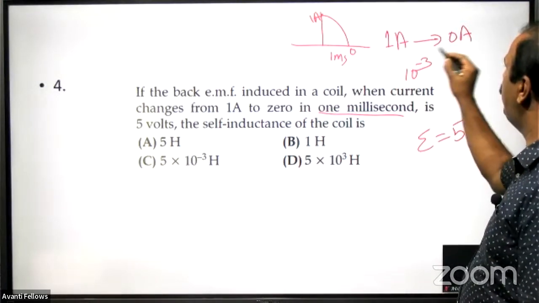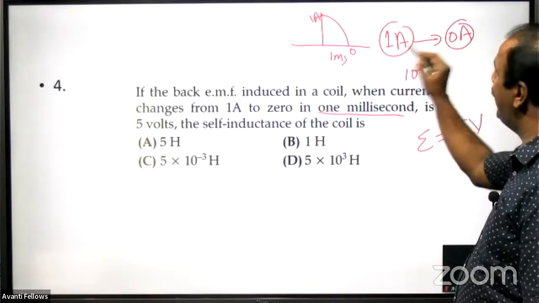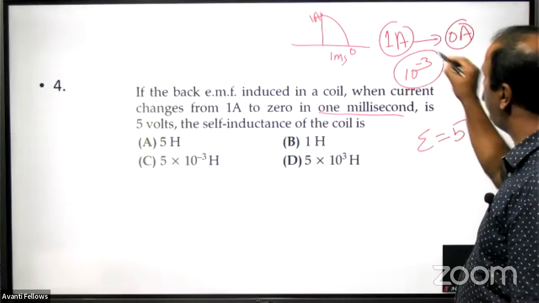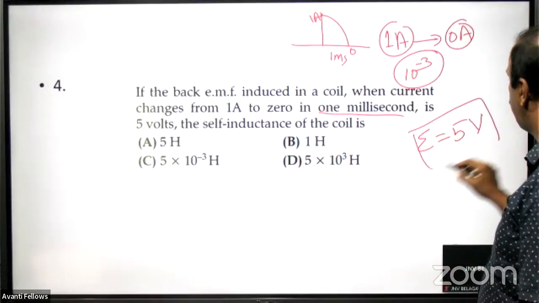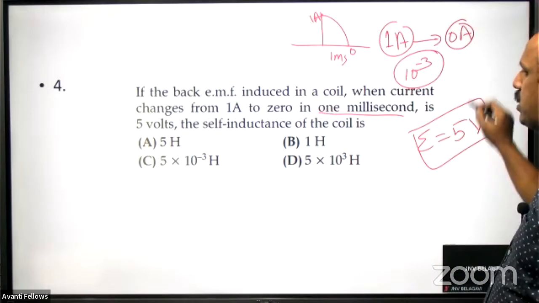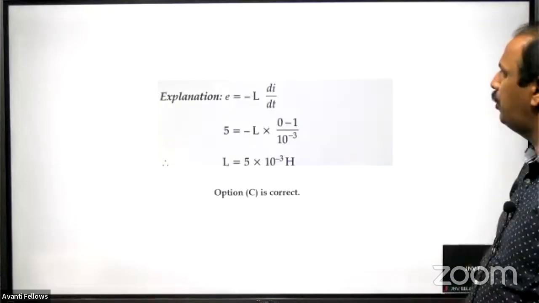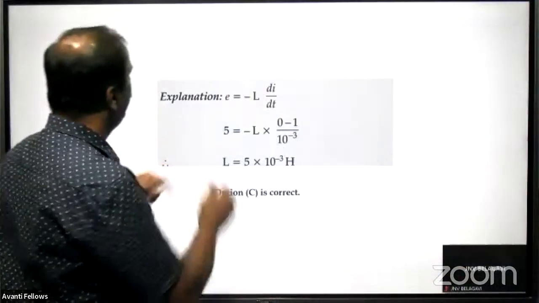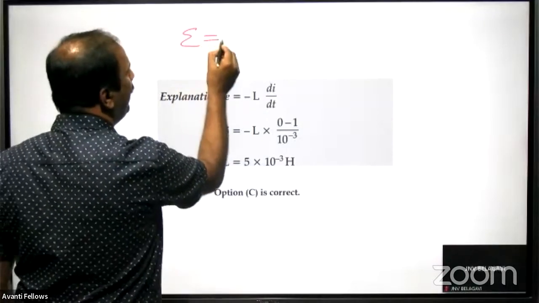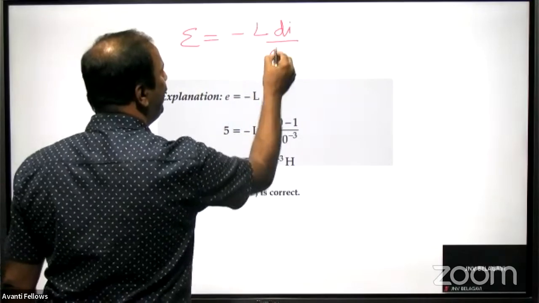So we have these values. From 1 ampere it is coming to 0, so that is the change, and the time required is 10 to the power minus 3 seconds, and the EMF is 5 volt. Based on this, you have to find the answer. We will see how to do that. Here you see, the EMF is given by minus L di by dt.